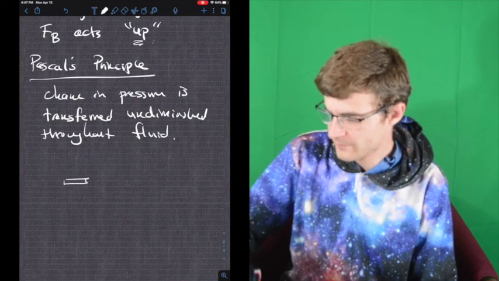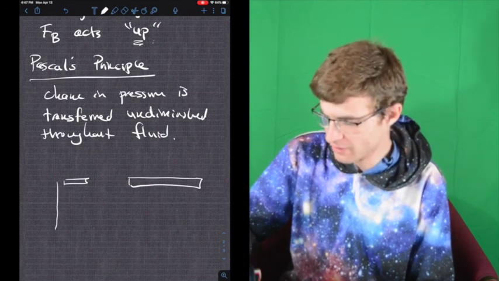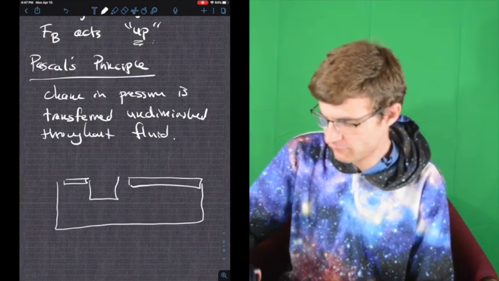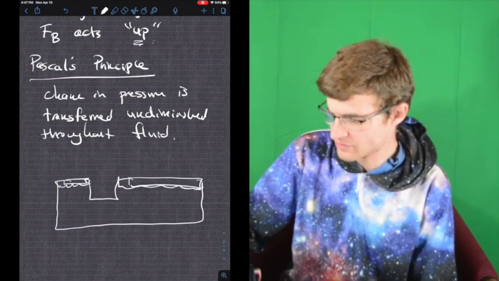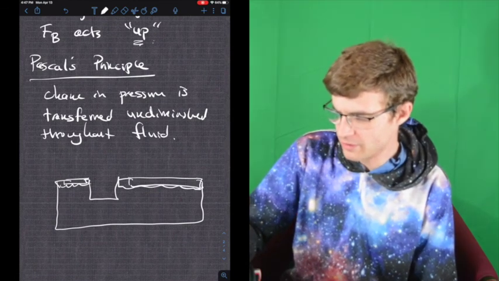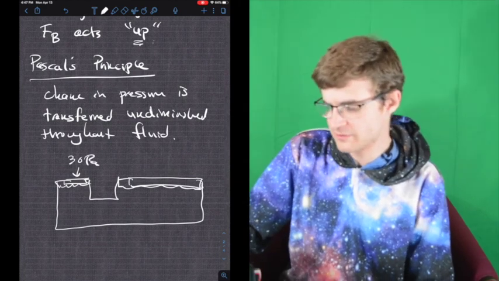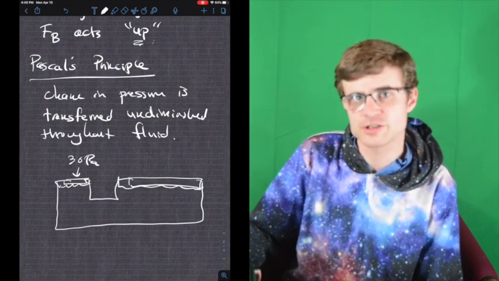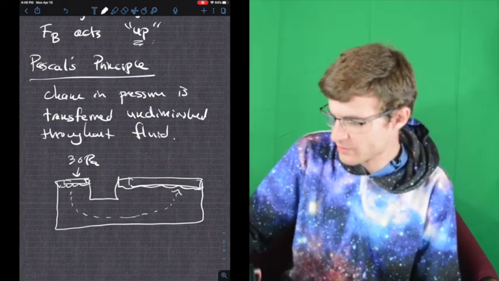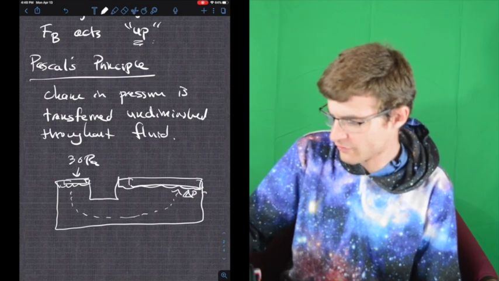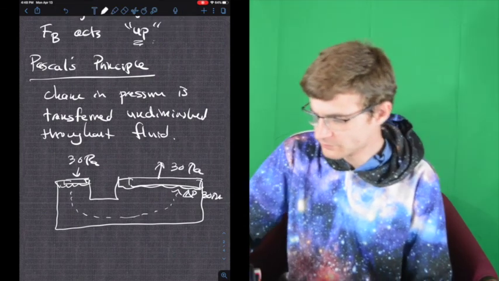Let's say I have a platform here and a platform here, and one is 4 times bigger than the other in area, and they're both floating in fluid. Let's pretend these platforms seal off the container so no atmosphere can get into that fluid. If I put, let's say, 30 pascals down on that first platform, that change in pressure is transferred undiminished throughout the whole fluid. So that 30 pascals is going to come back over here, and there's going to be a change in pressure of 30 pascals here, an upwards 30 pascals over here.